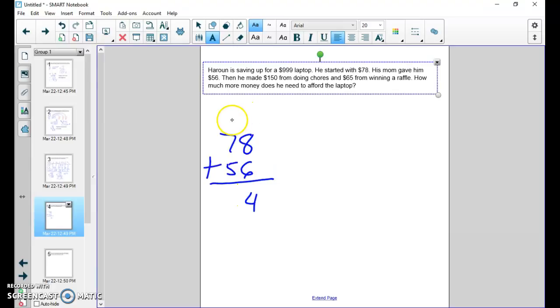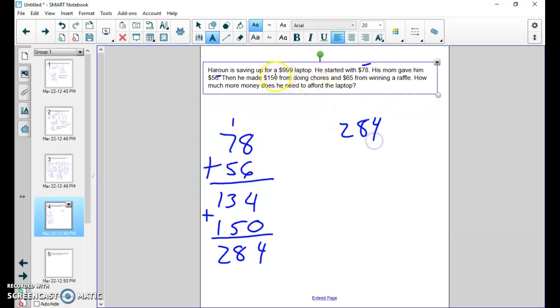14, 8, 15, so I'm done with this, and then he made 150. 4, 8, 2, 284. I'm done with this.